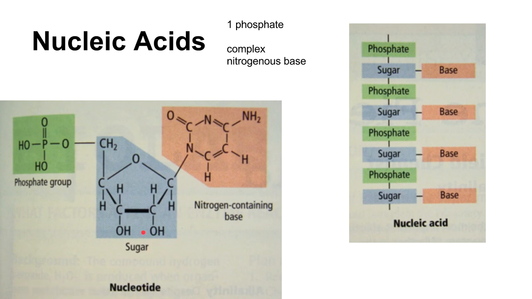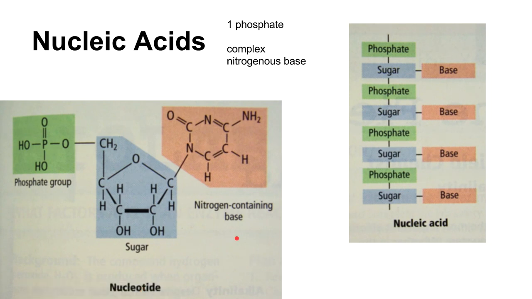So a deoxyribose is the sugar. And then the nitrogenous base, again, this is a complex group of nitrogens here. And this nitrogenous base, when we think about letters of the DNA code, this is what we're talking about. And one group of this is called a nucleotide. A nucleotide is a phosphate, a sugar, and a nitrogenous base.